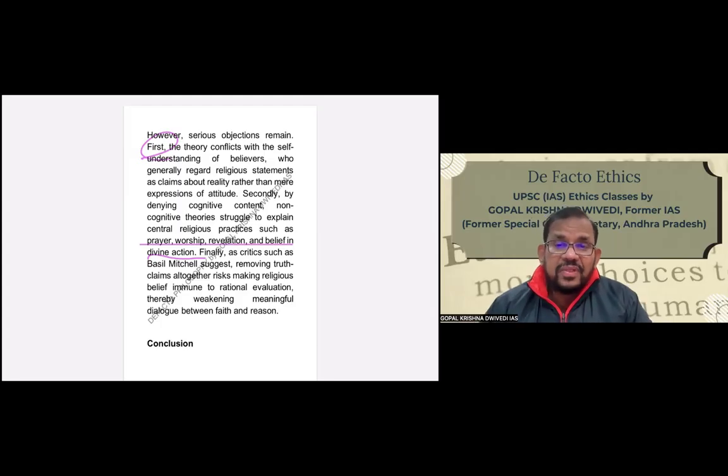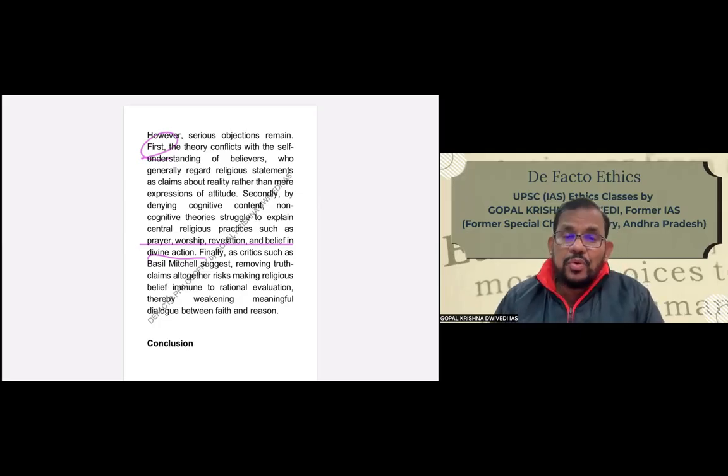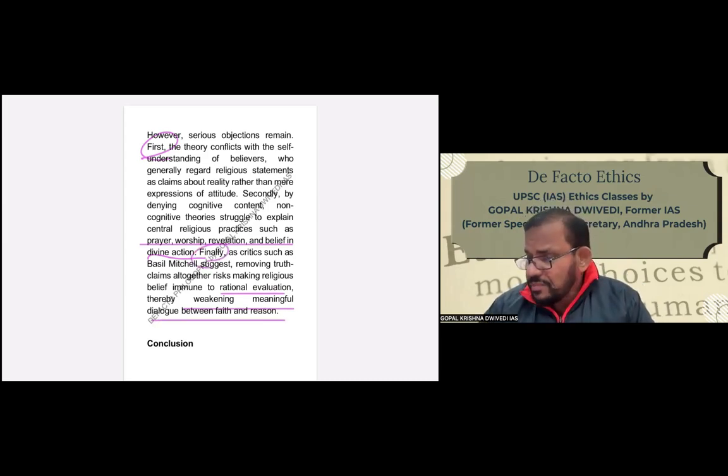Finally, critics such as Michel suggest that removing truth claims altogether risks making religious beliefs immune to rational evaluation, thereby weakening meaningful dialogue between faith and reason. So this is also a very important criticism.